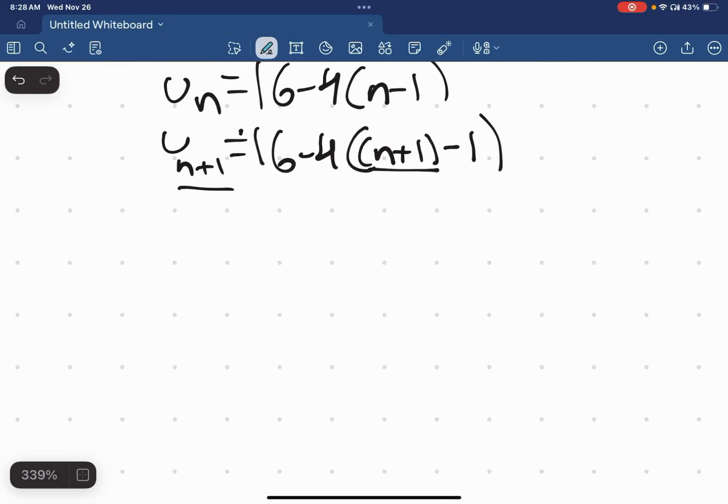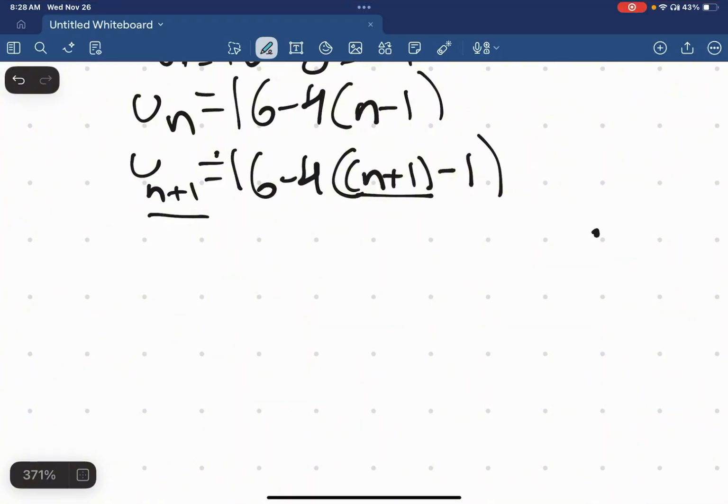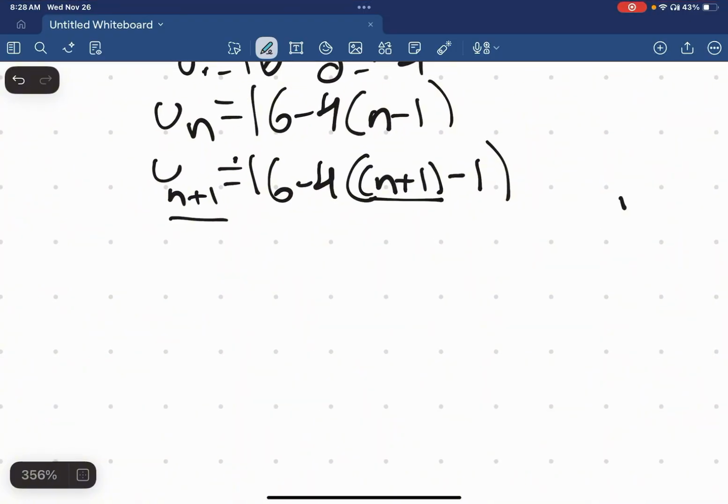From there, we know that the un plus 1 term is going to just end up equaling 16 minus 4n. Just like that.